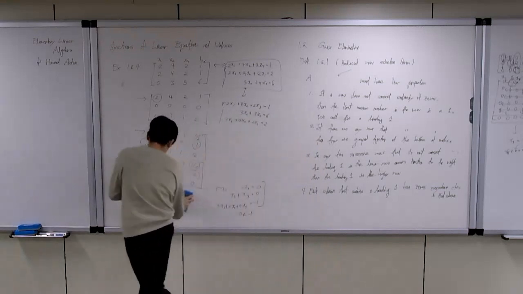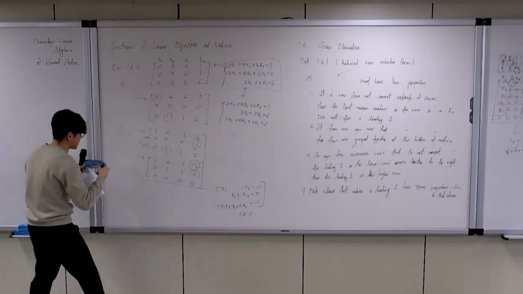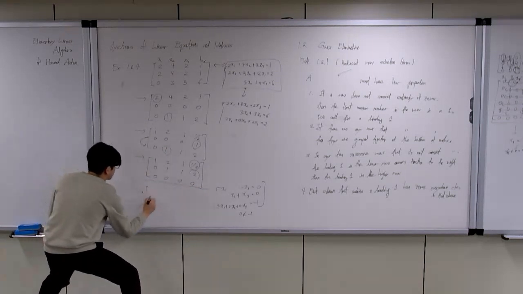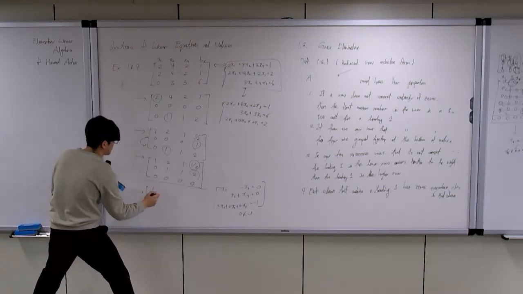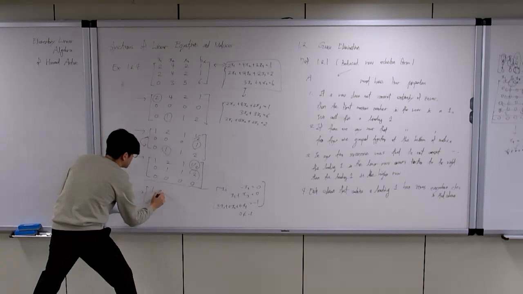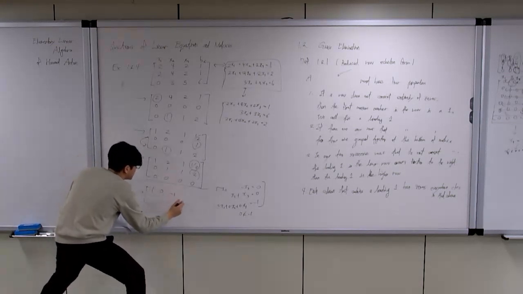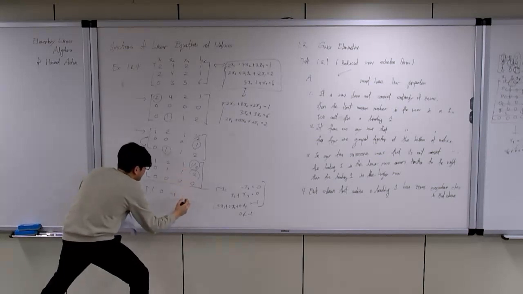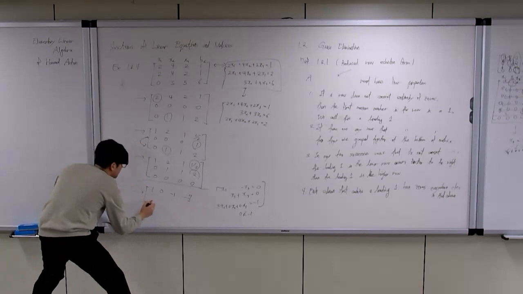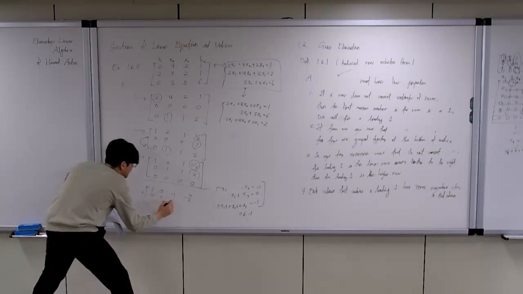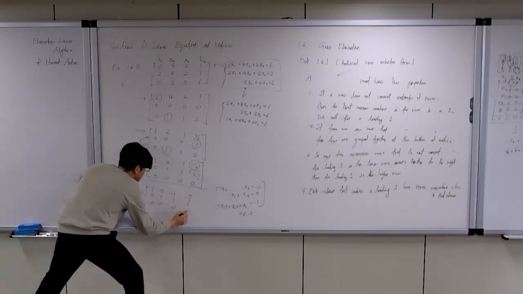So finally, the reduced row echelon form will be 1, 0, minus 2, minus 1, minus 4, 1, 2, 0, 0, 0, 0.